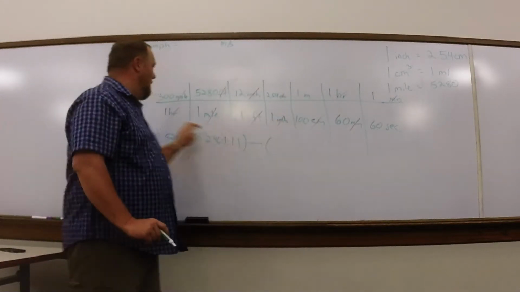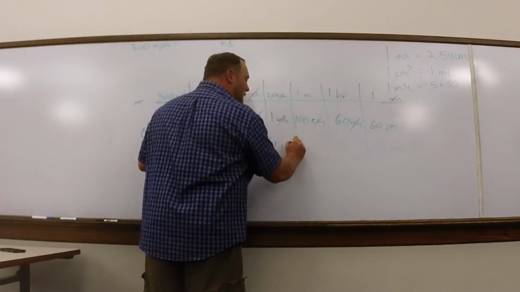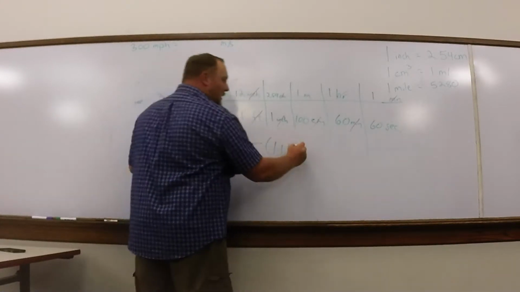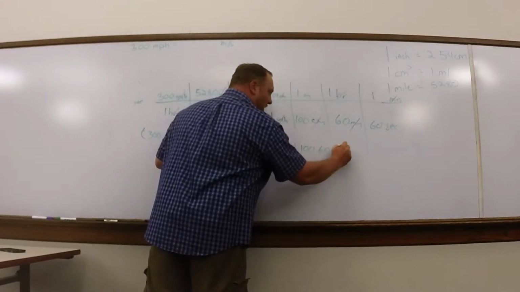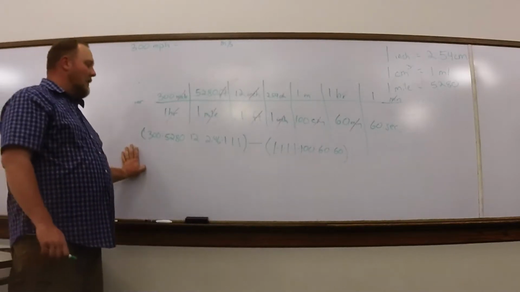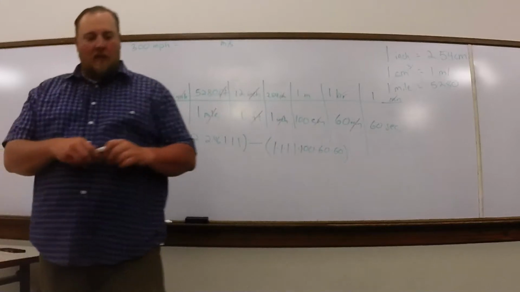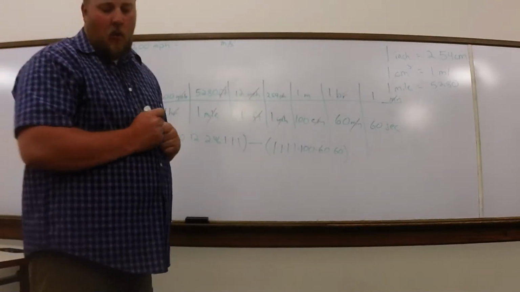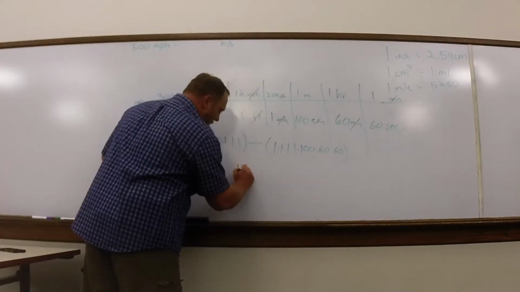Everything across the bottom. 1 times 1 times 1 times 1 times 100 times 60 times 60. Very, very easy. So we've done this in our calculator. We go ahead and we plug and chug it. We hit enter. We find out that the answer is 134.112.